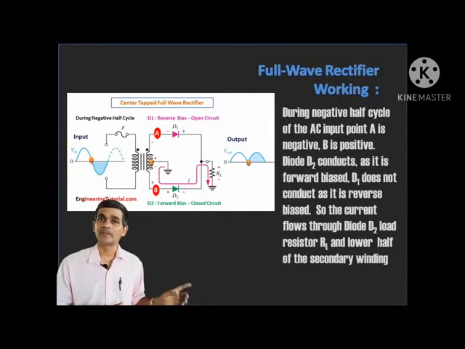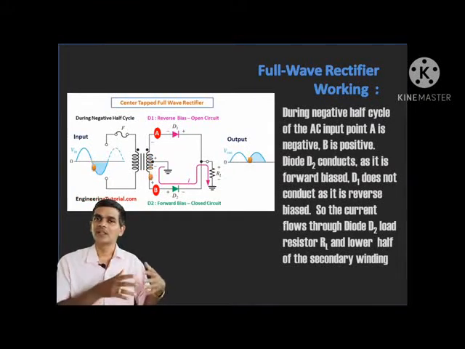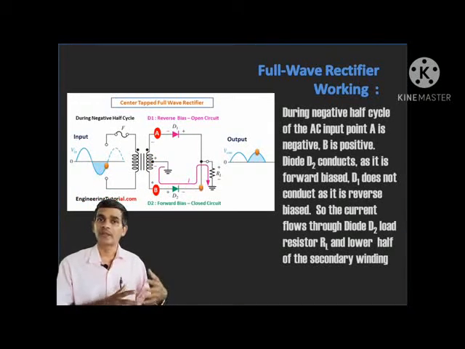Just as in the positive half cycle we get output, similarly we get output in the same direction, so in both positive and negative half cycles we get output in the same direction. This is the way we can convert bidirectional current to unidirectional current, completely for both positive as well as negative half cycles. This is why it is called a full wave rectifier.